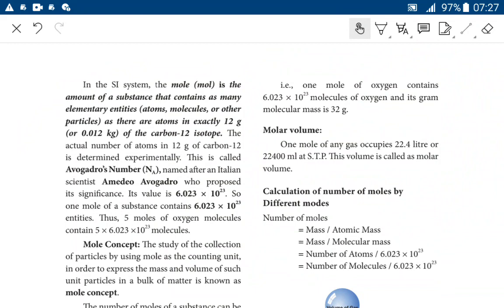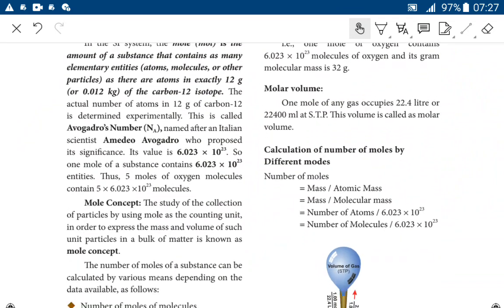This is called molar volume. And 1 mole of any substance always has Avogadro number of molecules, or simply we say entities or particles. So 1 mole of oxygen, or 1 mole of carbon dioxide, or 1 mole of ammonia, or 1 mole of nitrogen, is equal to 6.023 into 10 power 23 molecules.